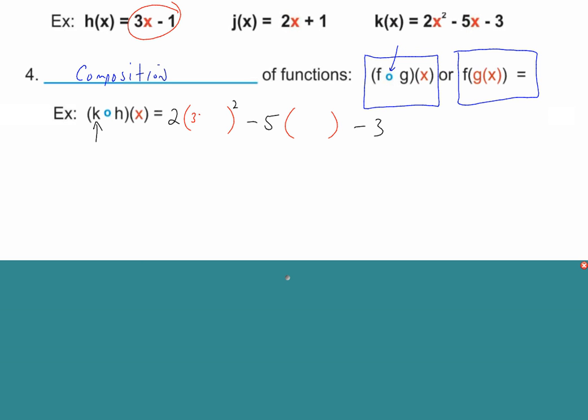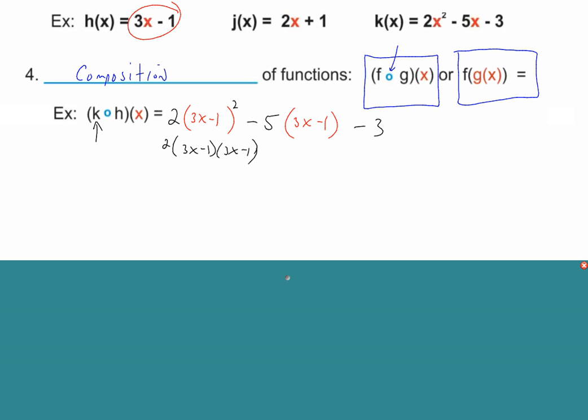In this parentheses, I put in 3x minus 1. In this parentheses, I put in 3x minus 1. I've got to multiply all this stuff out. And remember, this first one is two binomials. So that's just 2 times 3x minus 1 times 3x minus 1.